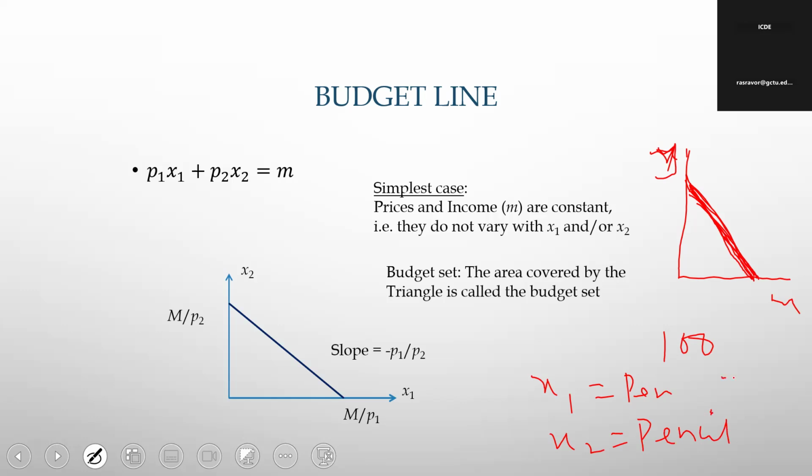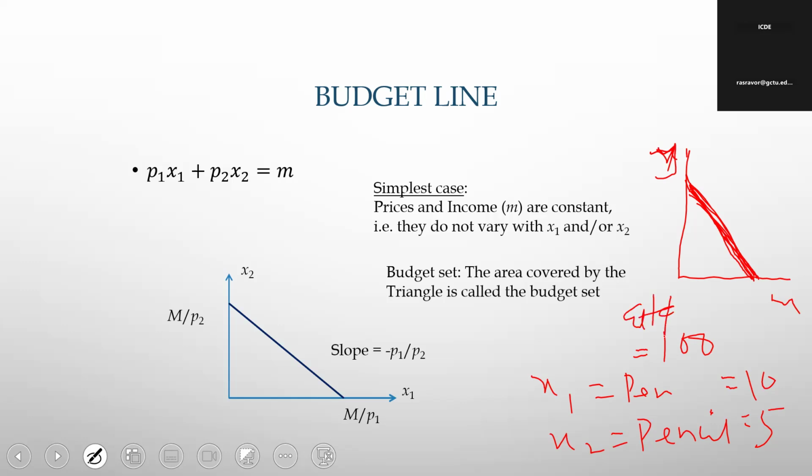Maybe a pen costs 10 cedi, just hypothetically. A pencil costs 5 cedi. I would look for a combination of pen and pencil that, when I buy, will equal 100 Ghana cedis.